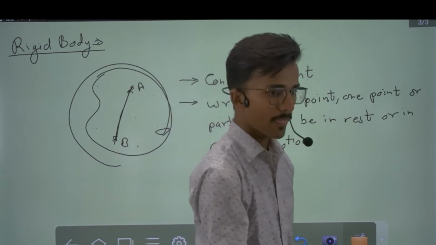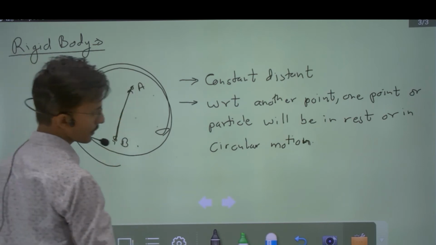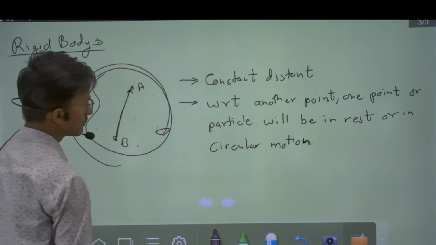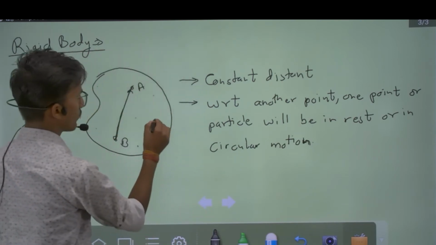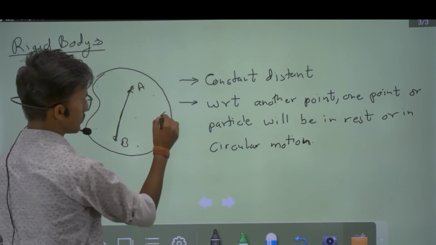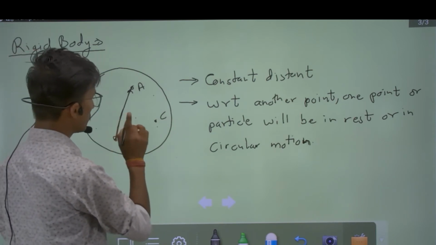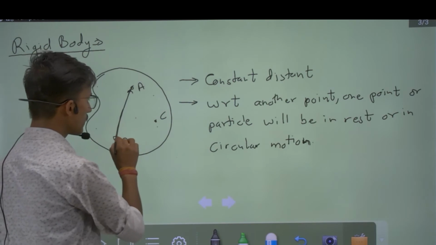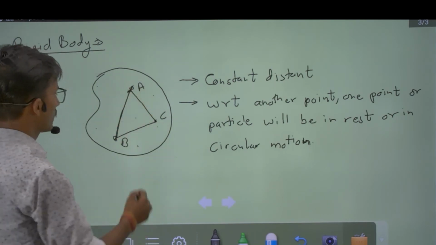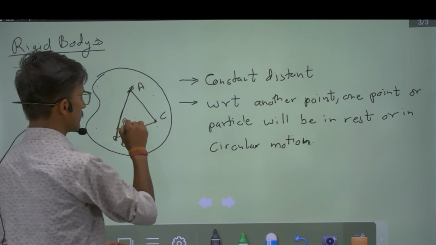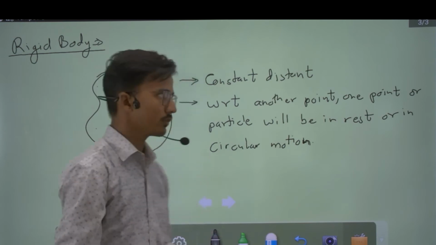Now the third point: if I take 3 points instead of 2, another point I am taking here, this is point C. Now the angle between any 3 points in the body is theta, and this angle is not going to change whatever we are doing with this body.